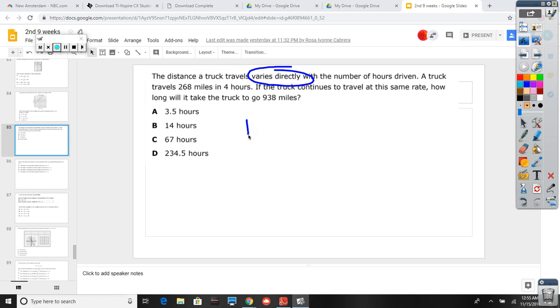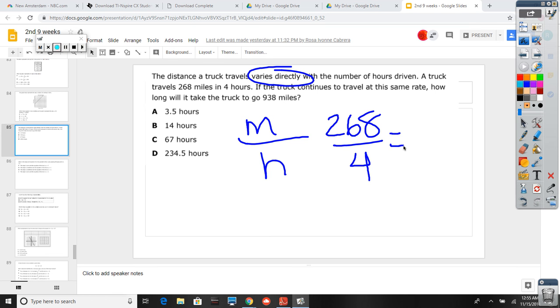I have 2 variables. I have miles and I have hours, okay? I have 268 miles for 4 hours, which should equal something else. Now they're giving me another miles, and miles are on top, 938 miles, but they're not giving me this one here, right? I need to find it.